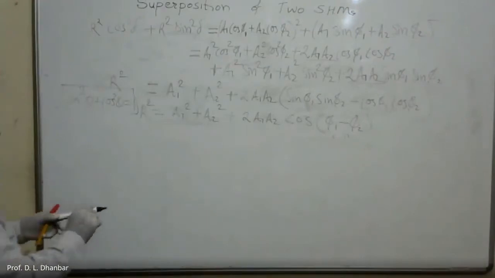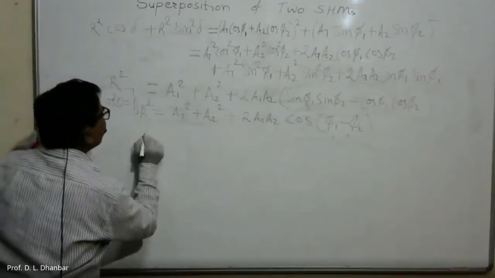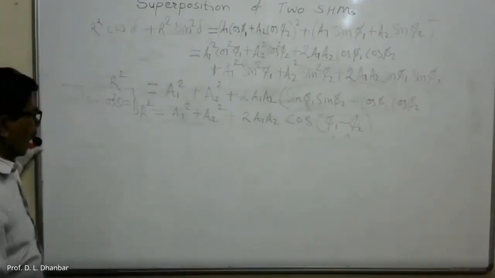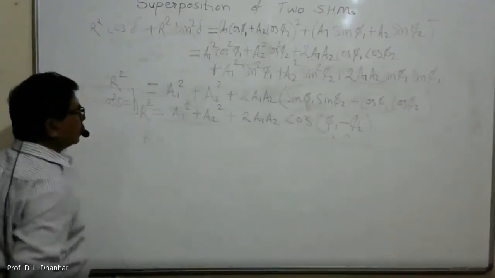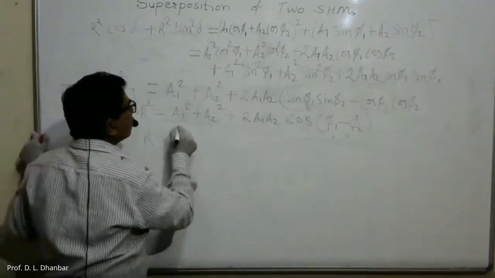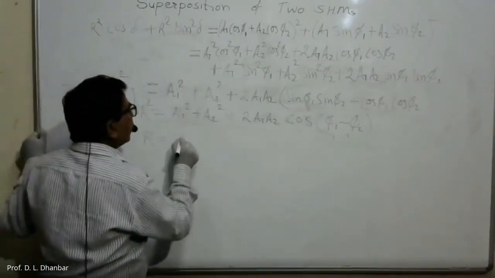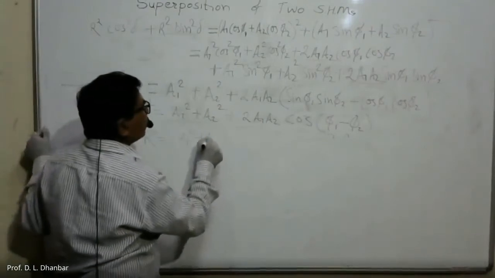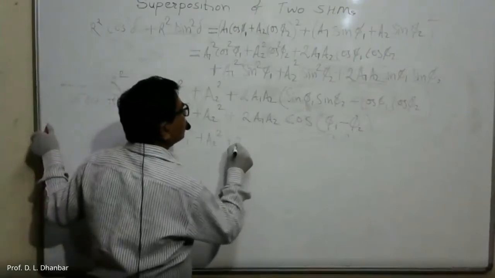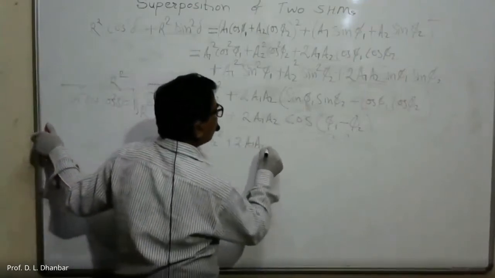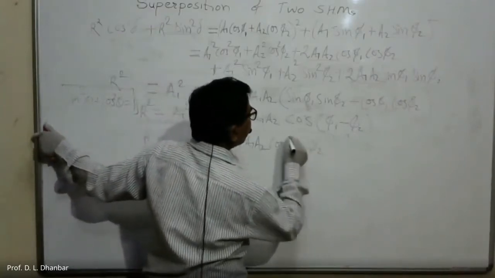So here the square root of this R square is simply R, is equal to under root A1 square plus A2 square plus 2 times A1 A2 cos of phi 1 minus phi 2.